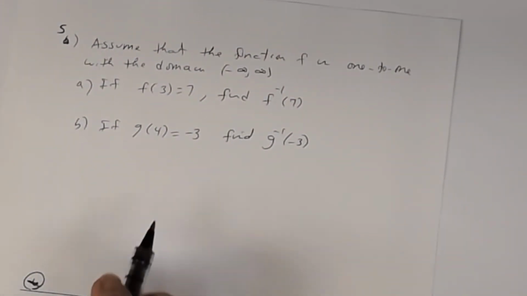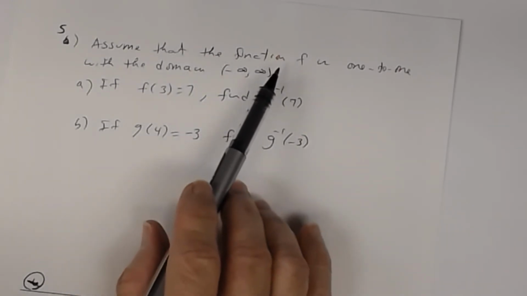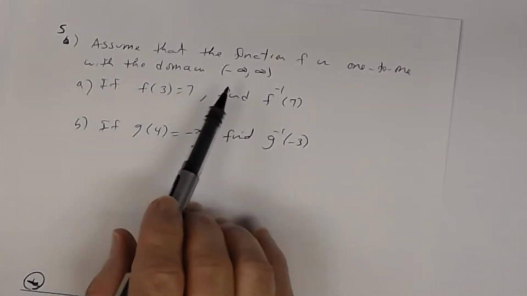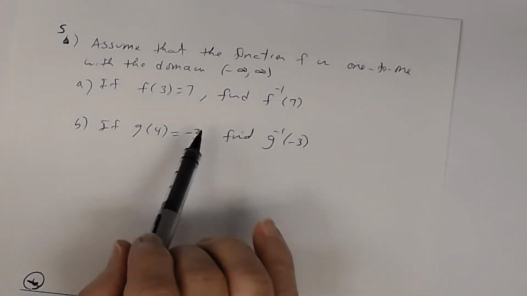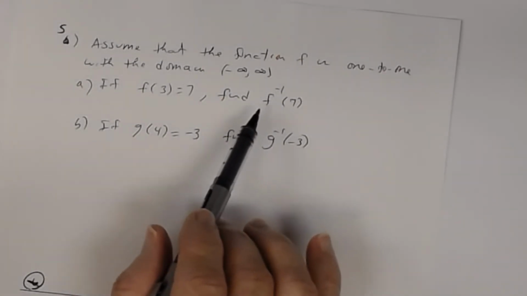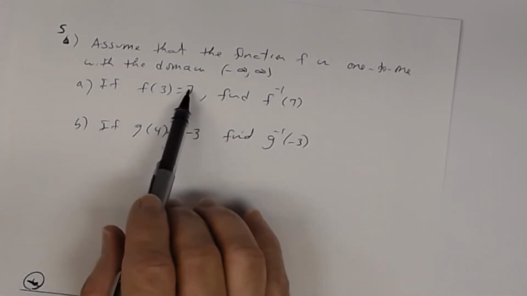So in number 5, we have this. It says: assume that the function f is one-to-one with this domain. And the reason they said the domain's all real numbers, see, negative infinity means all real numbers, is because you don't have to worry about, see here in your function, this is x and this is y.